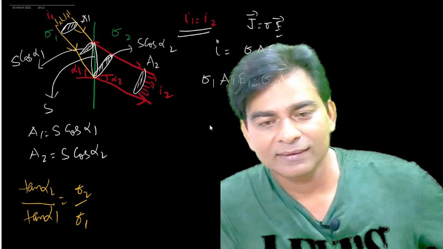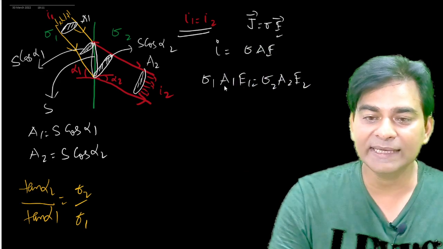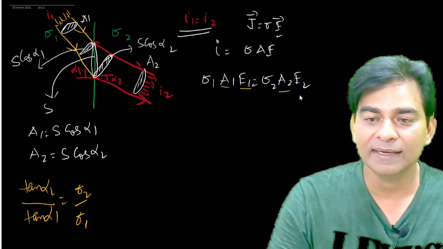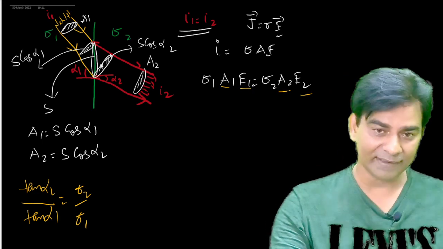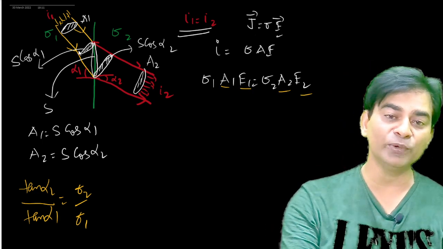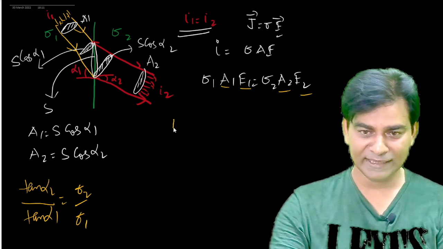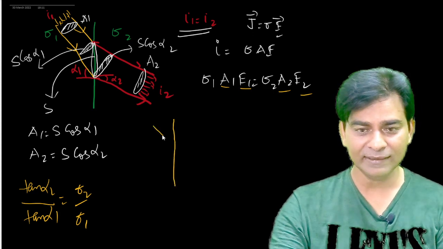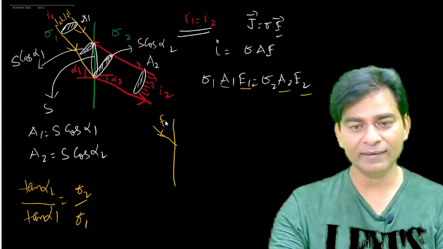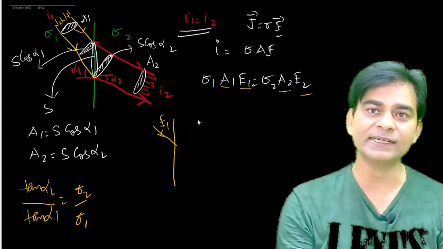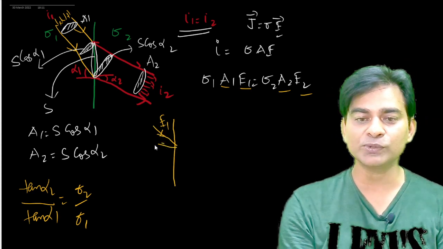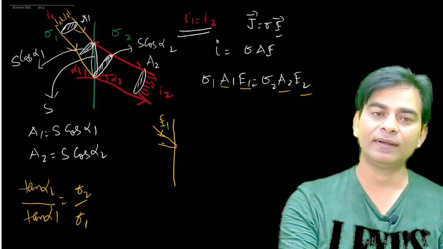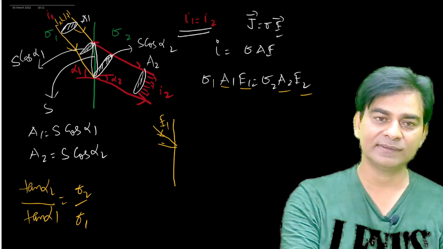Then we have to remove these area terms and this electric field term. The main part of the question is that if current I1 is flowing in this direction, then definitely in the left region there must be some electric field existing, let's say that electric field is E1, and E1 will also make the same angle alpha 1 as the current.